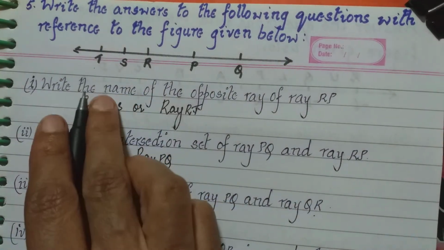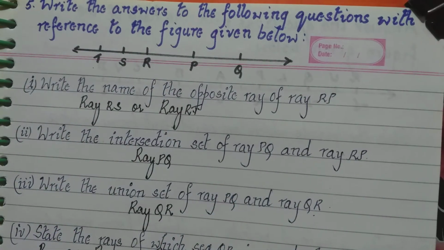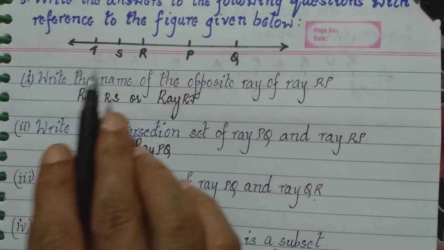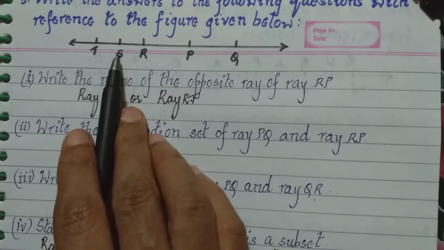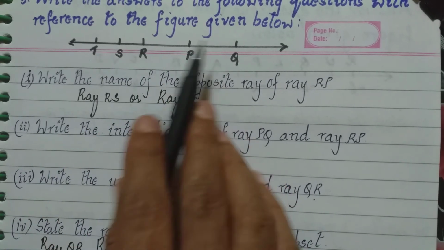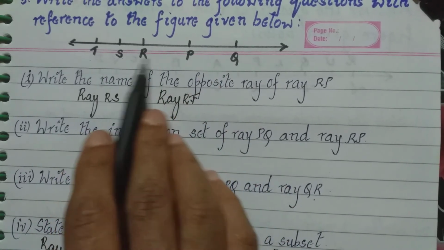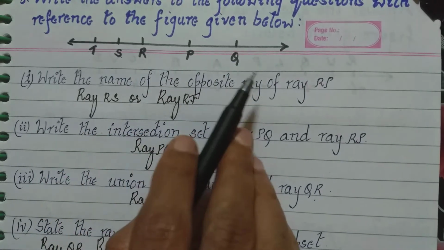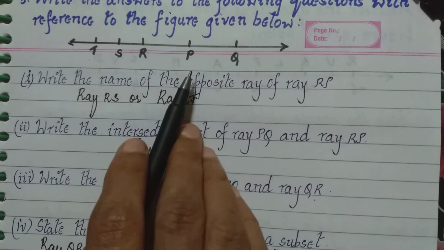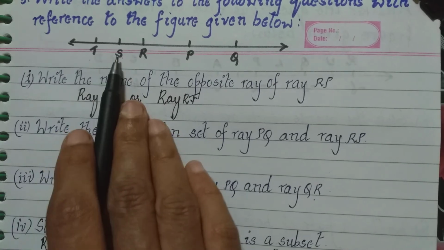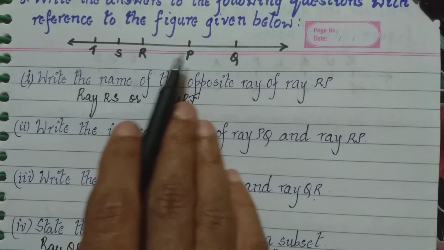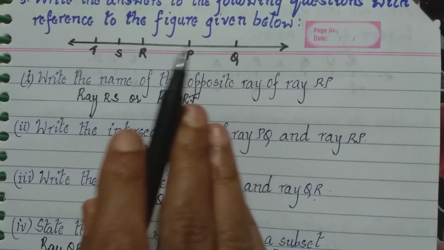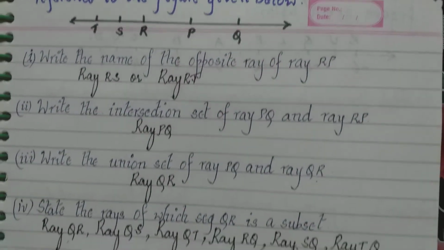Here they didn't mention that they have to be opposite rays. You can also write ray SR and ray SP, or ray SR and ray SQ. They can be rays which are moving in the same direction. Only when they say opposite rays, you must see that they go on either side, one proceeding towards the right and one towards the left.